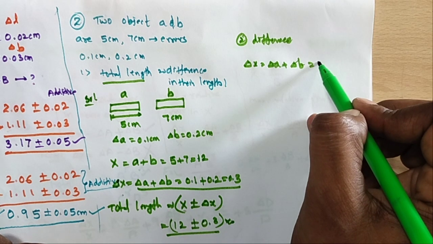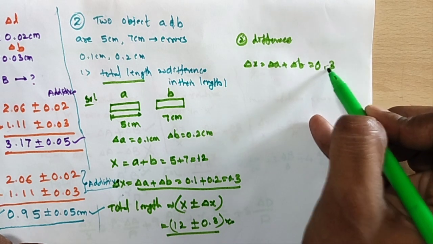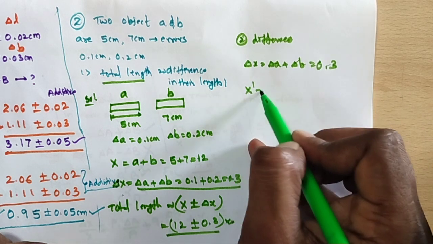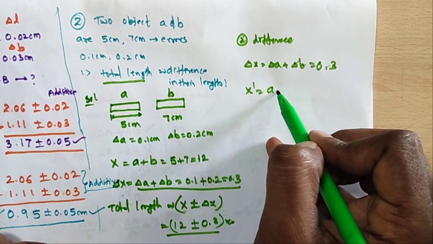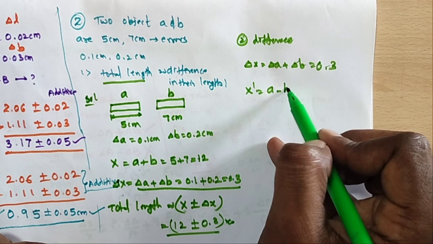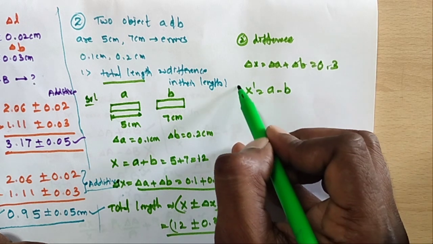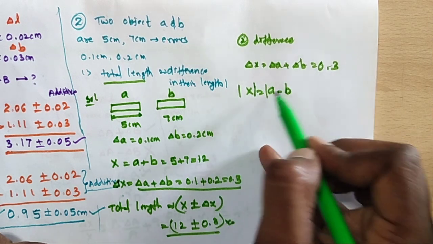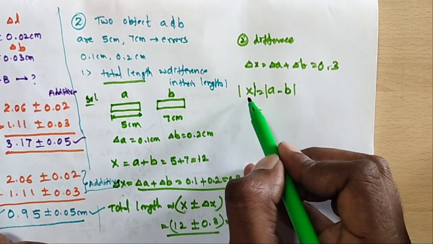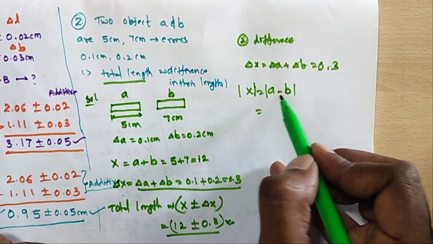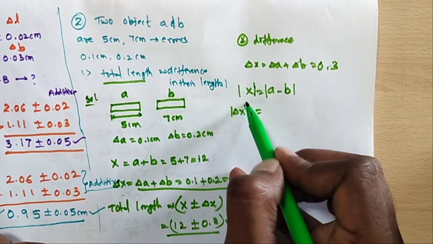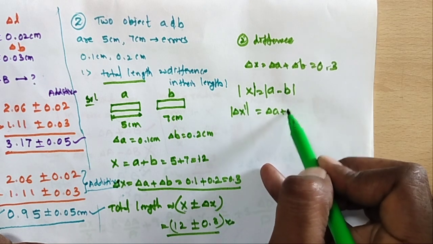So I am taking 0.3 directly. But what is x dash? Here A minus B. I am taking the modulus value. So x dash is equal to A minus B, and delta x dash is equal to delta A plus delta B.